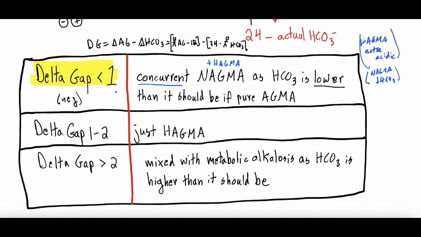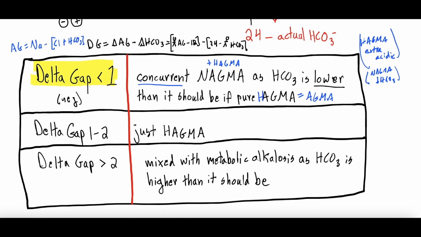So if the delta gap is less than 1, what that essentially means is your bicarbonate value is lower than it should be if it were a pure anion gap metabolic acidosis, right? Because the anion gap equals sodium minus chloride plus bicarb. So if it is a pure HAGMA, remember, high anion gap metabolic acidosis is equivalent in terminology to an anion gap metabolic acidosis. They're just displayed differently.